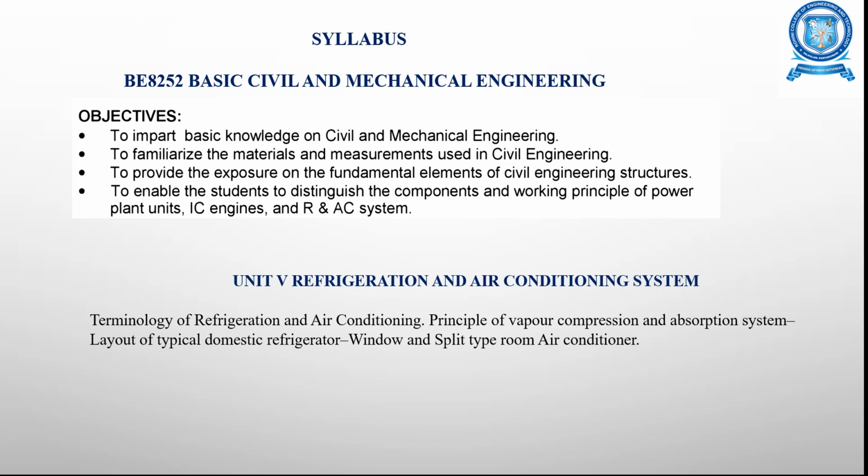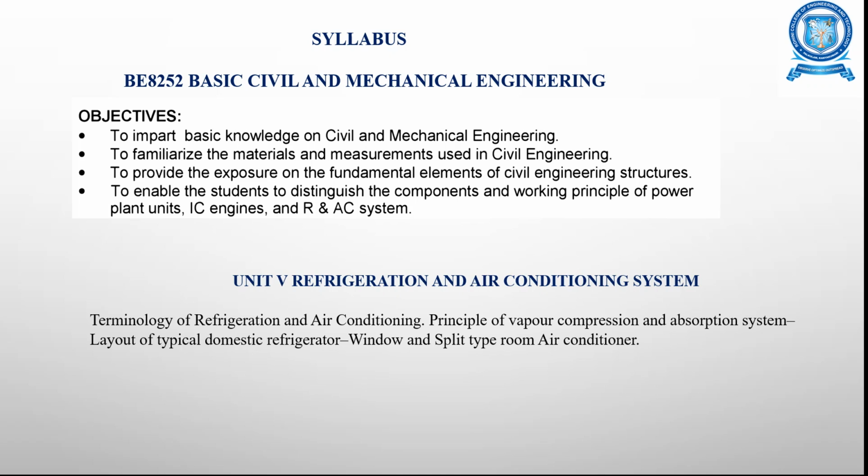So the main objectives are to impart basic knowledge on civil and mechanical engineering for the students, and to familiarize the materials and measurements used in civil engineering, and to provide the exposures on the fundamental elements of civil engineering structures, and also to enable the students to distinguish the components and working principle of power plant units, internal combustion engines, and refrigeration and air conditioning systems.